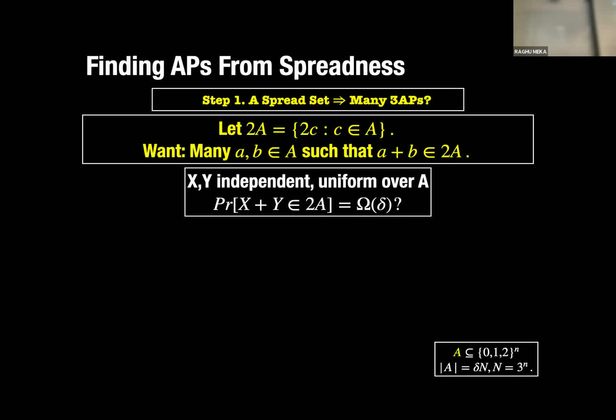So X is like little a, Y is like little b, but I've made them random variables and look at the probability instead of counting the number of exact pairs. Up to some 1 over n squared term or something, these two are equivalent.